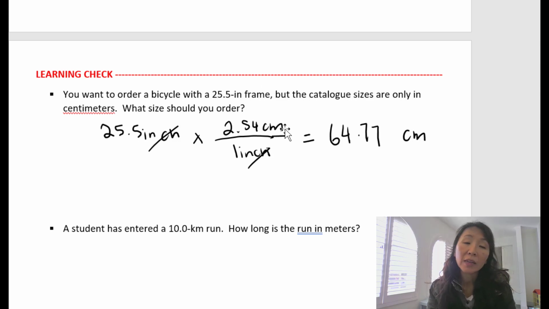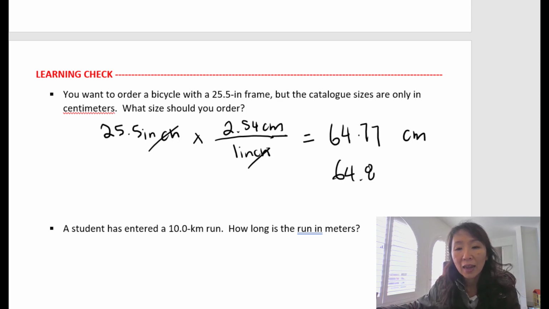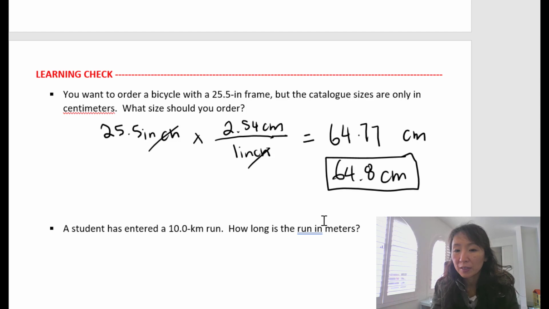When it comes from an equality, it has infinitely many significant figures beyond this one. So we take the 25.5, which has 3 sig figs. So my final value should be 64.8 centimeters. And that's my final answer with the correct sig figs.